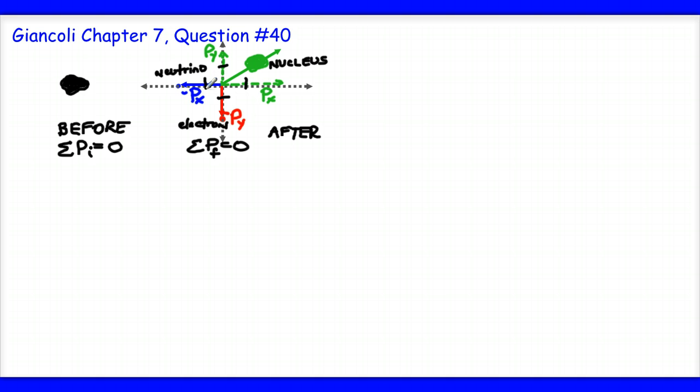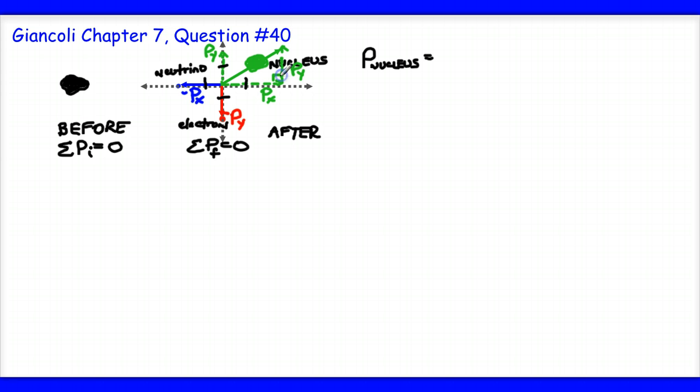Now that I've created that diagram and established those initial conditions, I can find the actual momentum of the nucleus. I have a right triangle here, so I can move the y momentum over to the right-hand side.